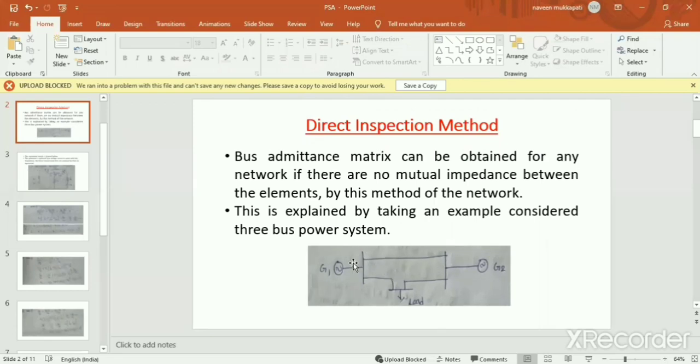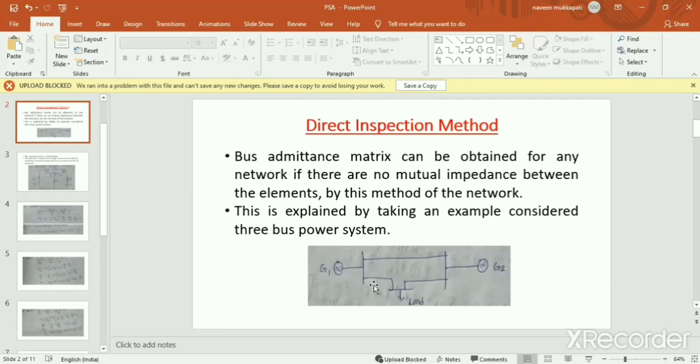Then we write down the equivalent impedance diagram, where we have other symbols for the generators, loads, and elements. Generator G1 is represented in the impedance diagram as a reactance in series with a voltage source.